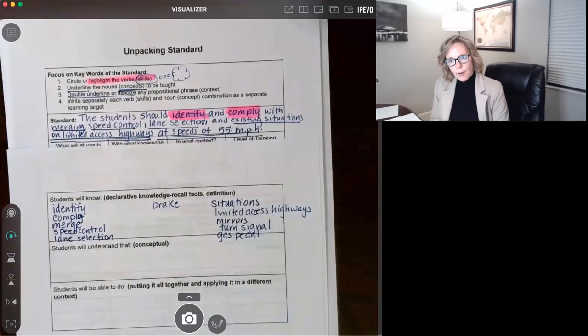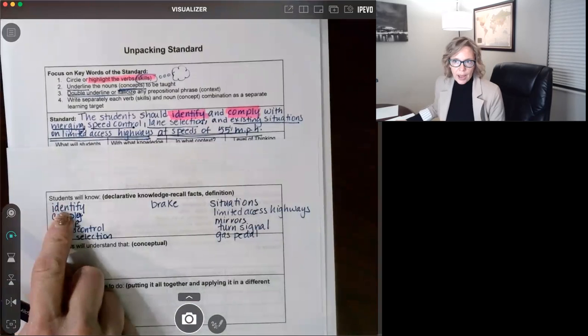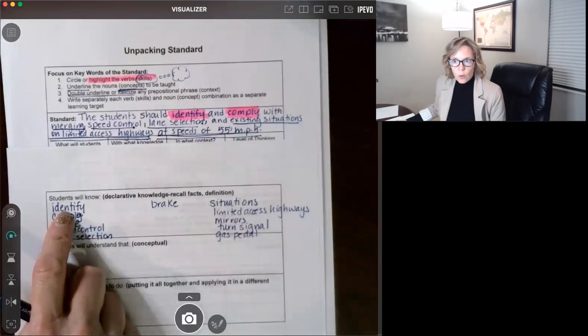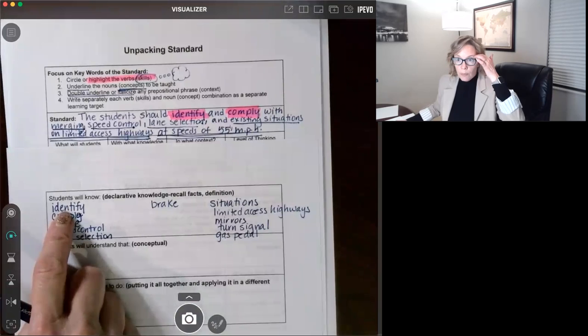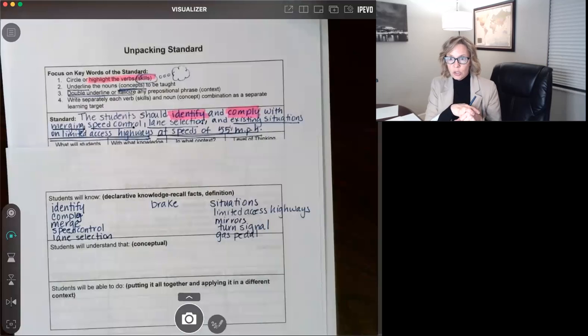Now, I was hoping I could do this for you, but I'm not going to be able to right now. And this is something that I think is critical, especially when we start to think about vertical alignment: writing out that definition. If I'm working with you in person, a lot of times DESE will have definitions for terms that are geared towards specific content areas. So DESE is a really great place to look. If you have a textbook, you could use a textbook.